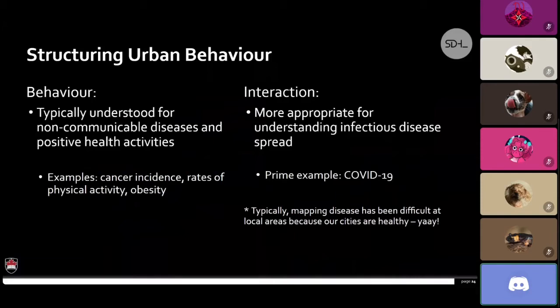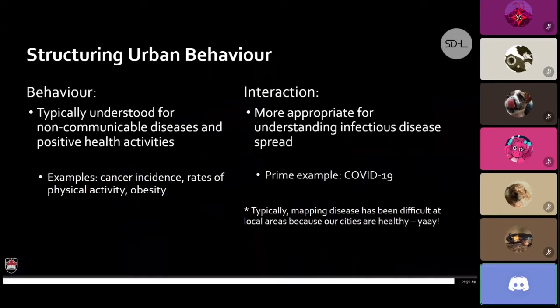Behavior here means health-related activities that can influence, in most cases in the literature, non-communicable diseases. So this would be looking at, say, the level of green space in a neighborhood and how it impacts your rates of physical activity. There are other similar studies, such as looking at environmental toxins and their relationships with other diseases, but those tend to be on a national macro scale.